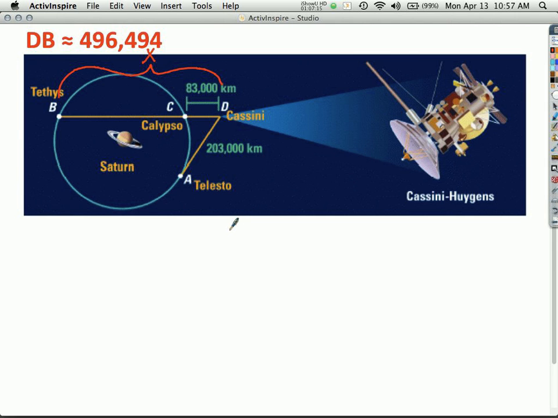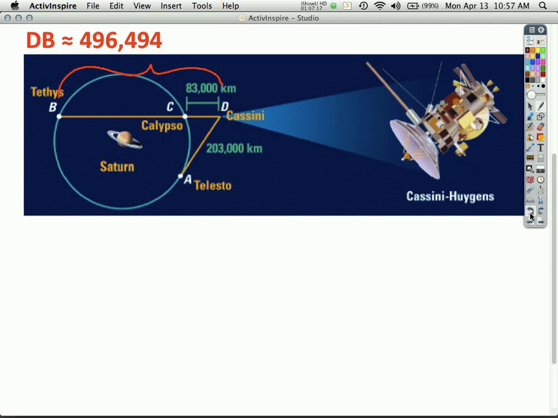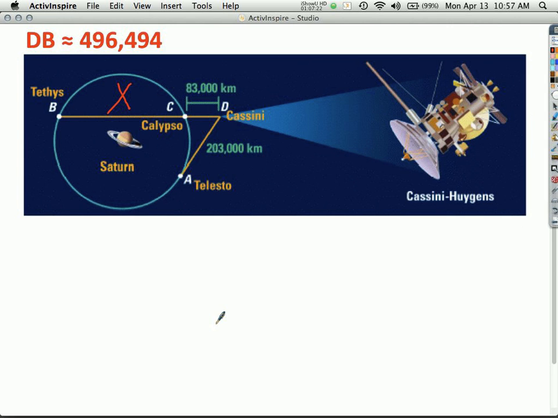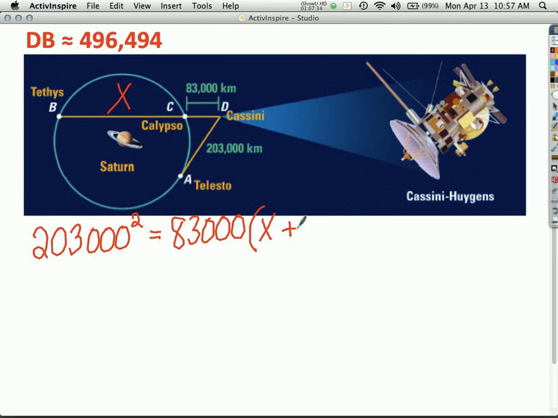Here's the problem with the first approach. If we make this x, here's the equation we can set up. 203,000 squared equals 83,000 times x plus 83,000. If you're like me and you decided to distribute this, we get a gigantic number that the calculator can only handle in scientific notation.